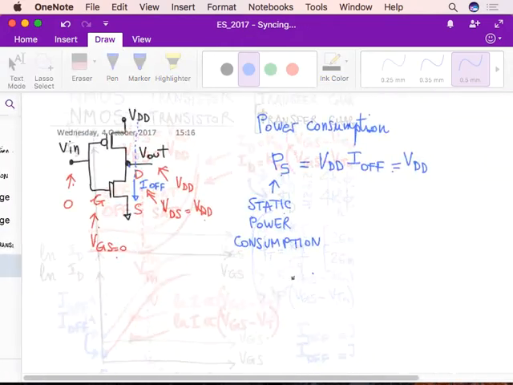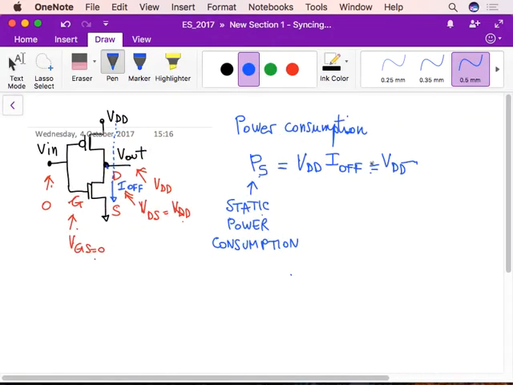Let me write not equal but proportional. I'm not interested in the constants that are not important here.